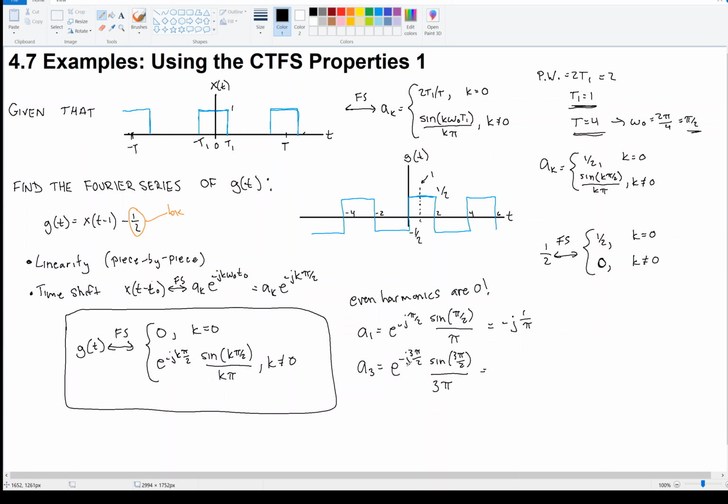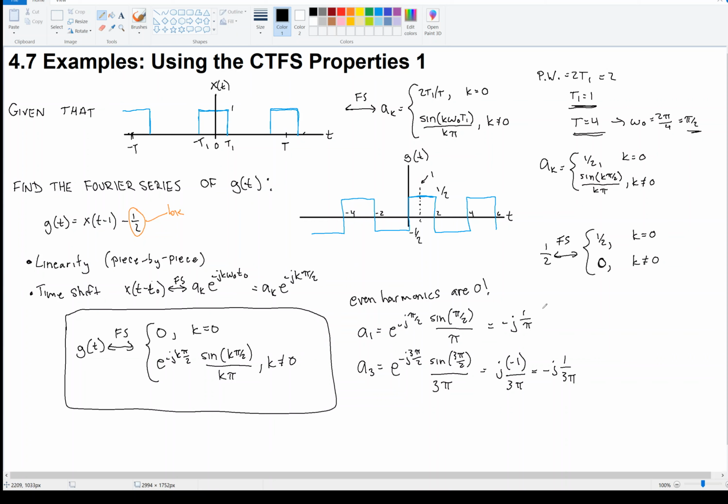And so e to the minus j 3 pi over 2, that's equal to j. Think about your complex plane. Sine of 3 pi over 2 is negative 1, actually, and then we have 3 pi there, and so this becomes negative j over 3 pi, actually. So that's interesting. Now, what does this mean?